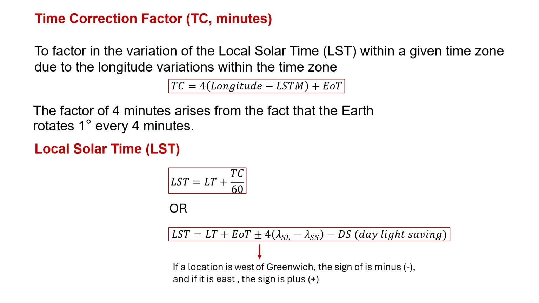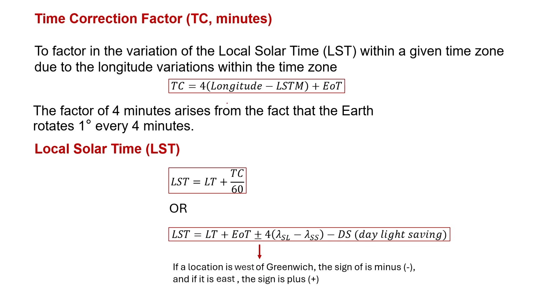Then the second thing we need to know is the time correction factor, because although India is within the GMT plus 5:30 time zone, the time in Kolkata and the time in Jaipur may not be the same. So, to factor in the variation of the local solar time within a given time zone, because of the vastness of the country, resulting from longitude variations within the same time zone, we need to correct for that also.